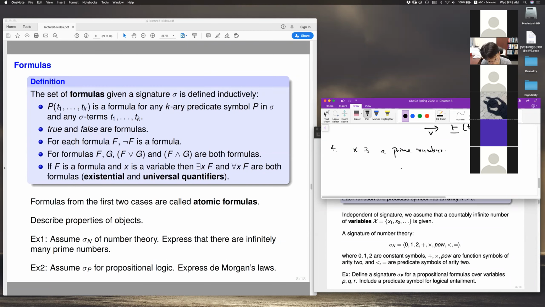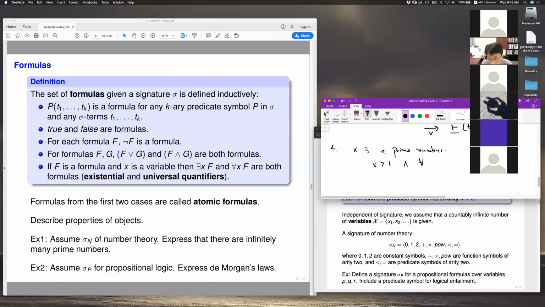So I think about how to express this in this signature. We said if x is a prime number, then x has to be greater than 1. And whenever we express x as a multiplication of two numbers, one of them has to be equal to 1.